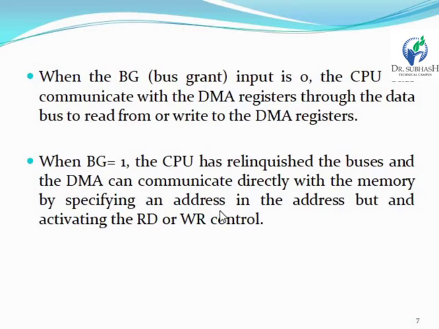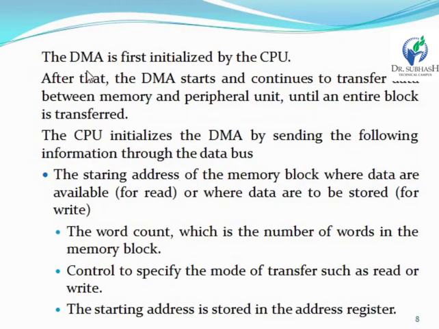Now the next point: the DMA is first initialized by the CPU. After that, the DMA starts and continues to transfer data between memory and the peripheral unit until the entire block is transferred. The CPU initializes the DMA by sending the following information through the data bus.